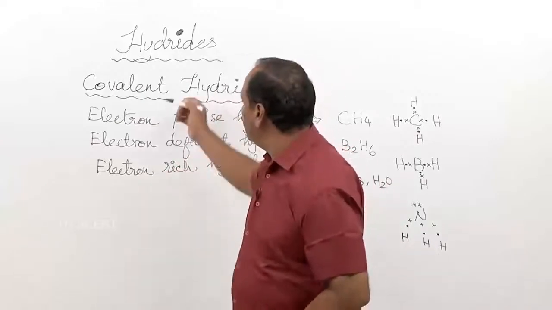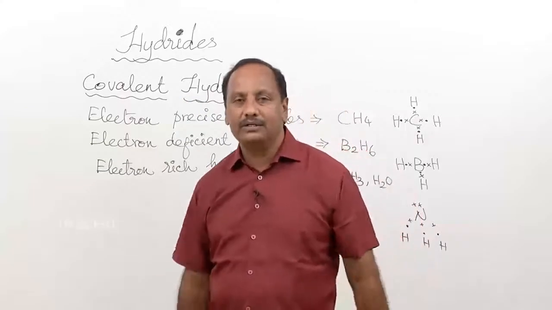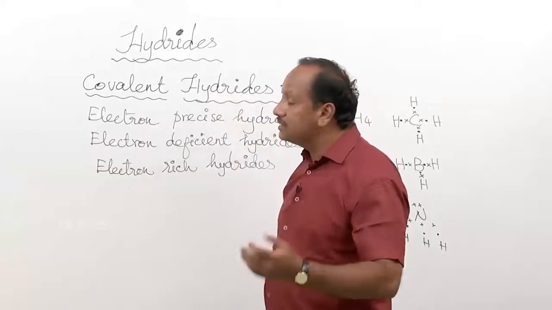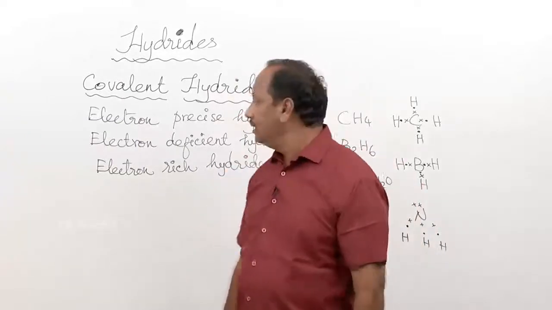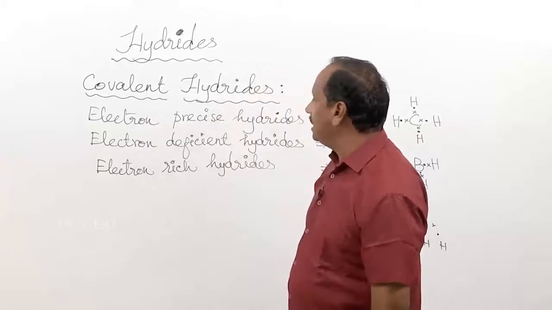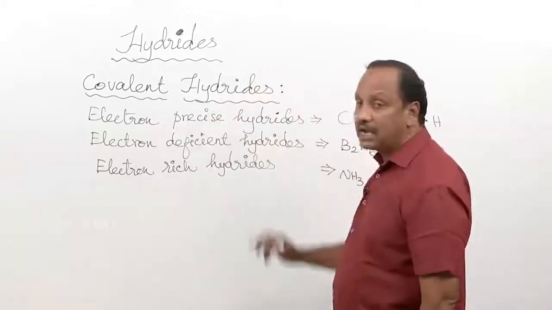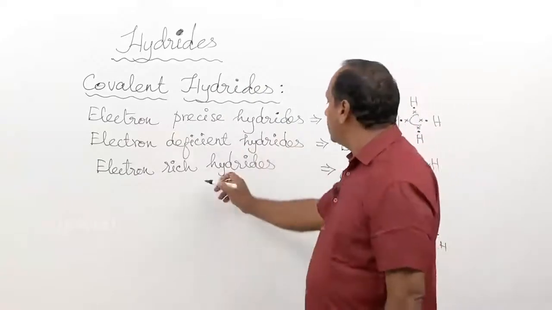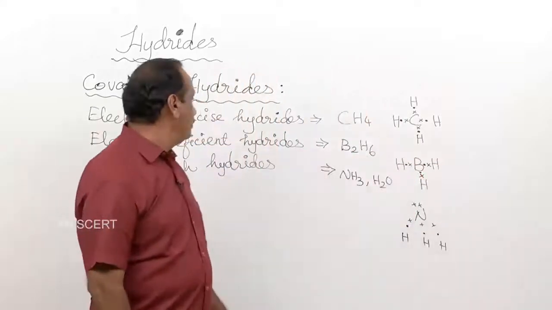What is a covalent bond? A covalent bond is formed by mutual sharing of electrons between the atoms. The covalent hydrides are classified into three types: electron precise hydrides, electron deficient hydrides, electron rich hydrides. So, we discuss one by one.